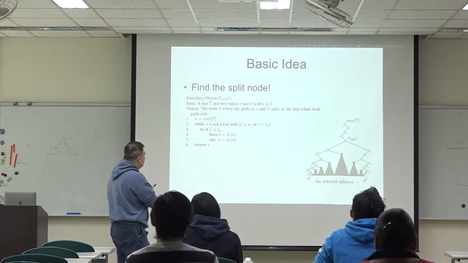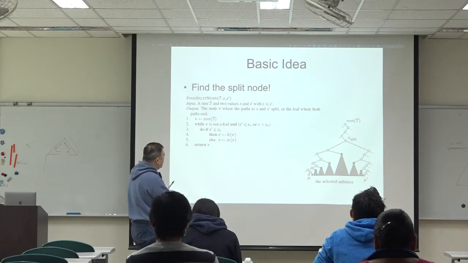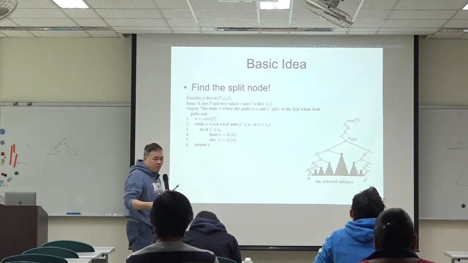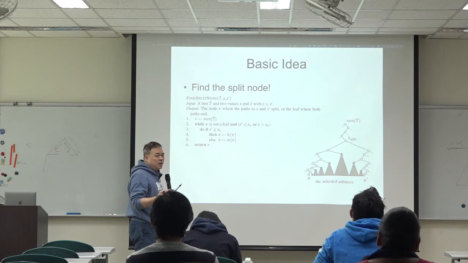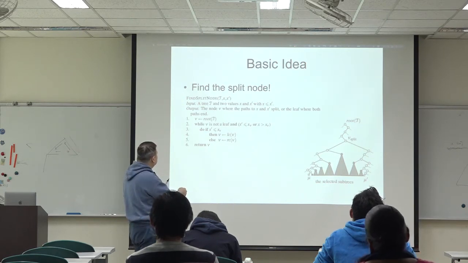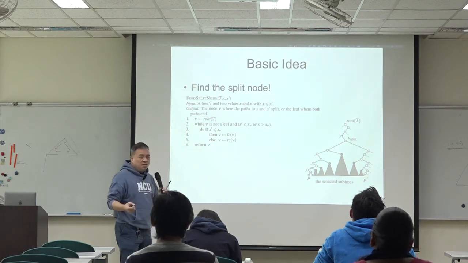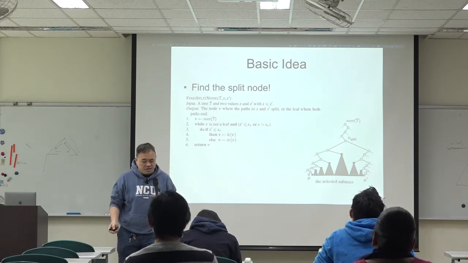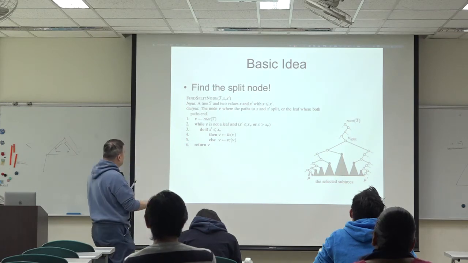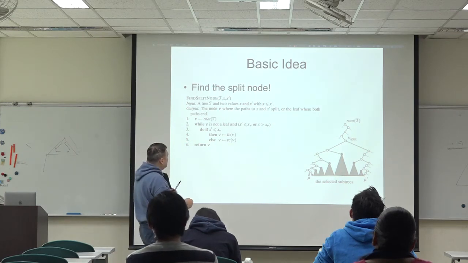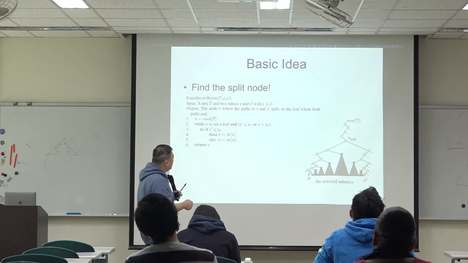You can see this will terminate under two conditions. The first condition is that v is a leaf node, then we return that leaf node. Very simple. The second case is that the value of v is in between x and x prime.